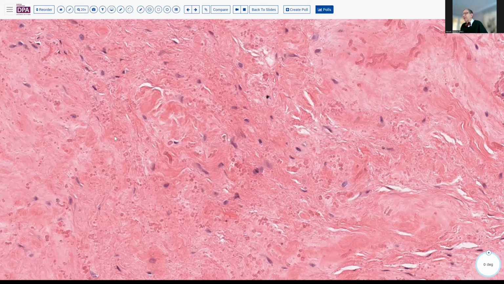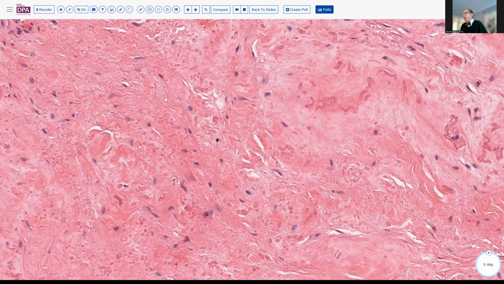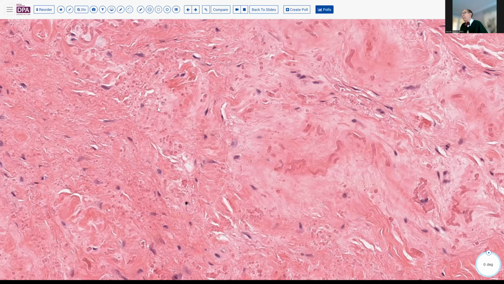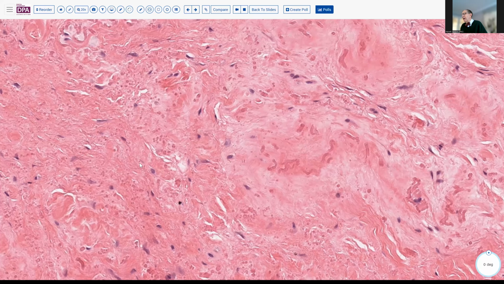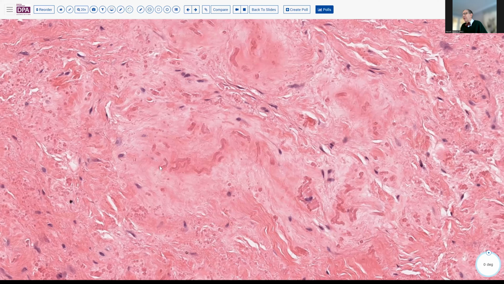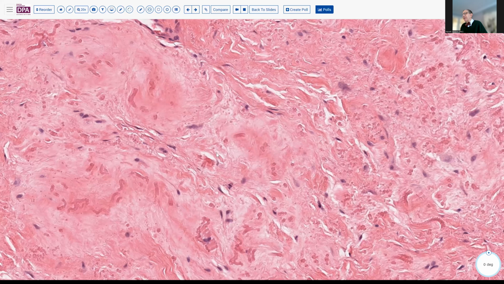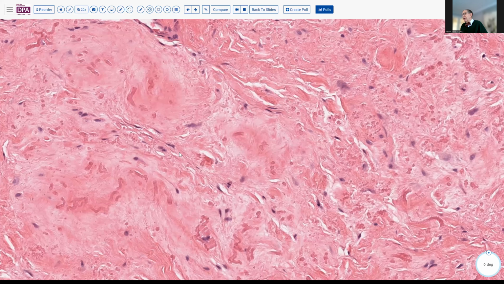These are elastic fibers. And if you were to do an elastic tissue stain, these would jump out at you as being really remarkable. But even here on the H&E stain, they're quite characteristic and have this very thickened and somewhat globoid structure, and give this lesion its distinctive name, which is elastofibroma.